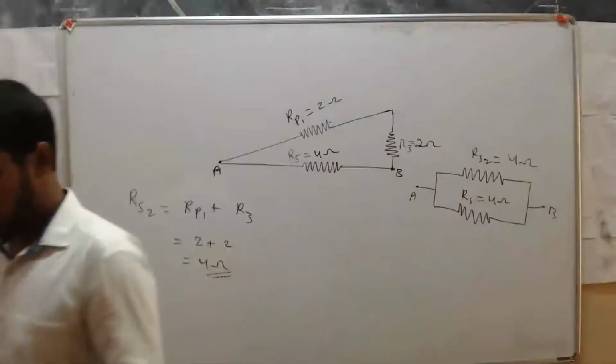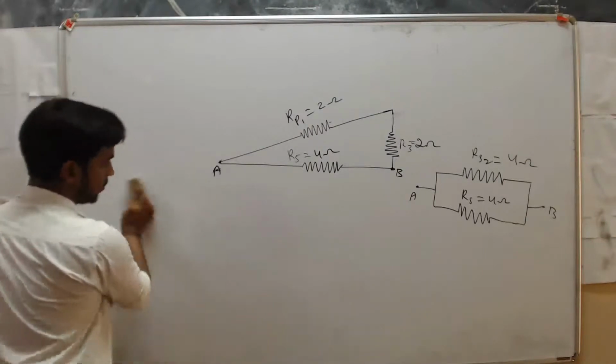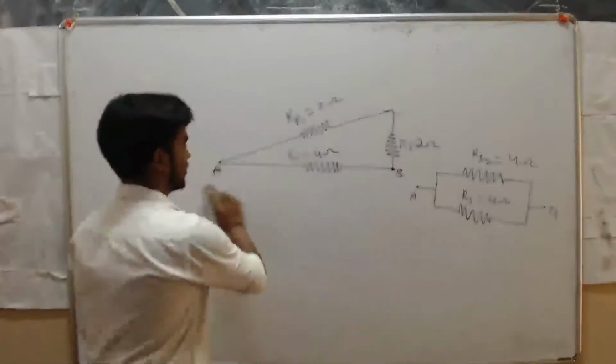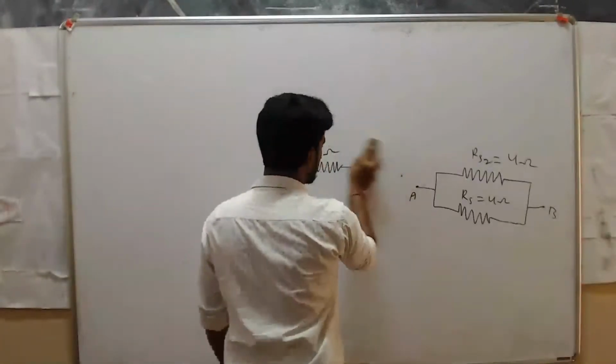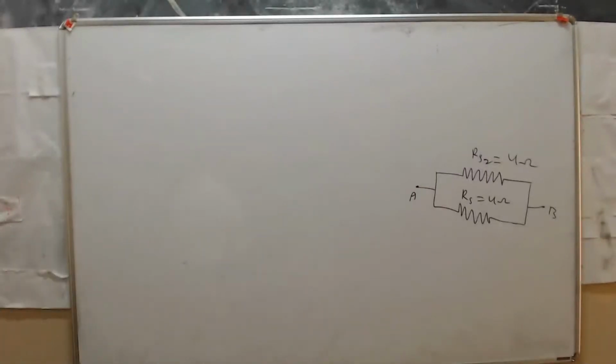Now both are in parallel. So finally you will get 2 ohm. Redraw this circuit like this. R equal to 2 ohm, correct.